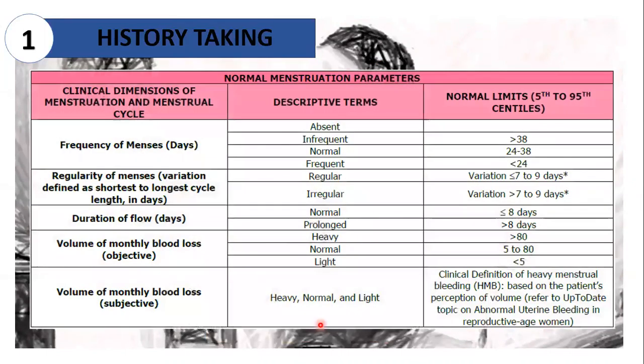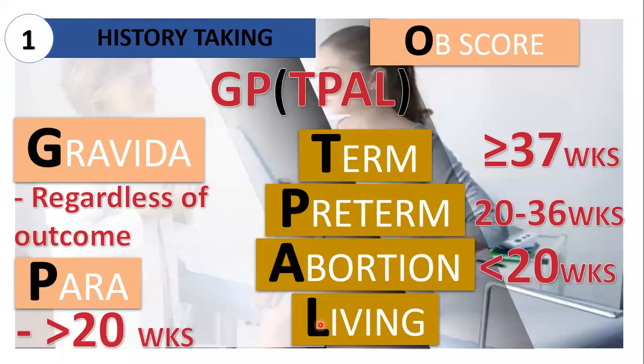Here are the normal menstrual parameters that you should take note of, and you could use this as a reference. Let's now go to the next part of OB/GYN history, which is the OB score.